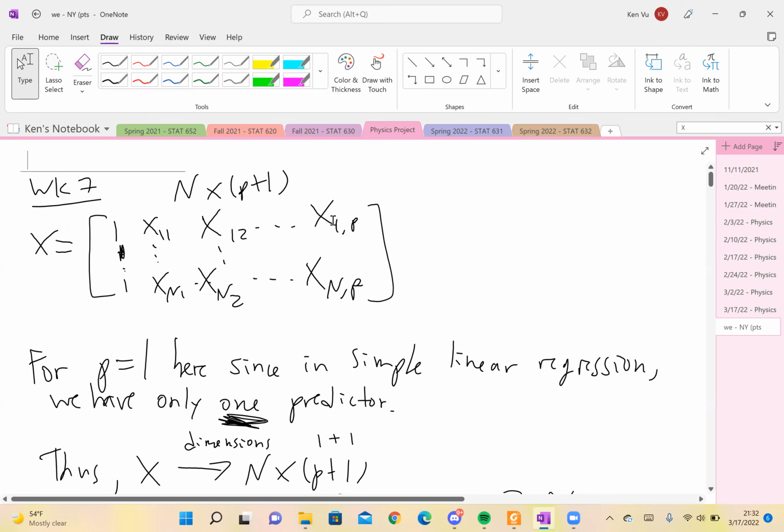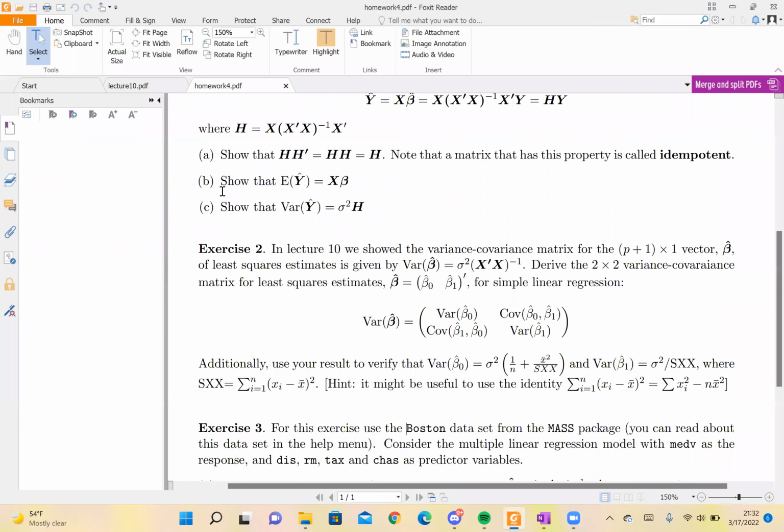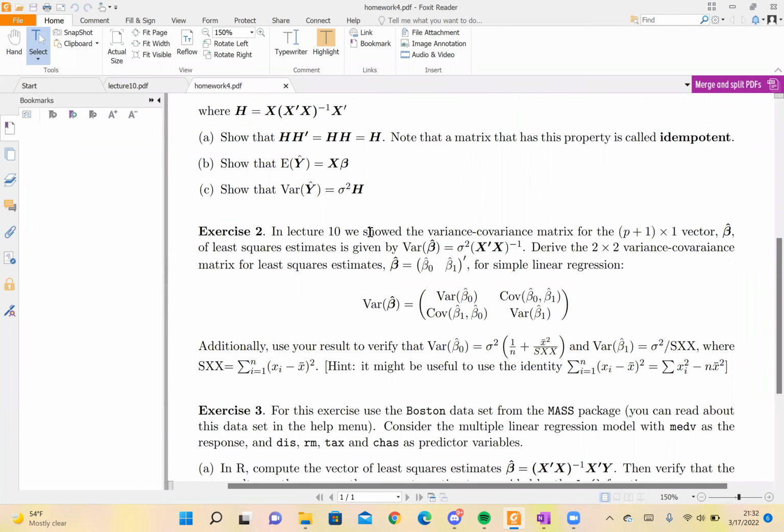So today I'm going to be going over number 2 of homework. For this problem, what you're trying to do is find the variance-covariance matrix for the p plus 1 by 1 vector beta hat for the least squares estimate, which is given by variance of beta hat equals sigma squared times the inverse of X transpose times X. And you're trying to derive the 2 by 2 variance-covariance matrix for least squares estimates for simple linear regression.